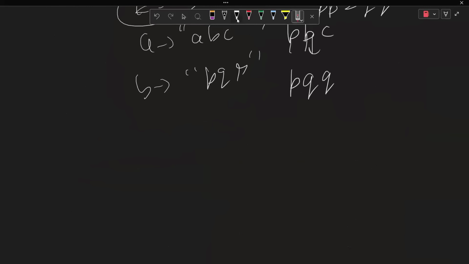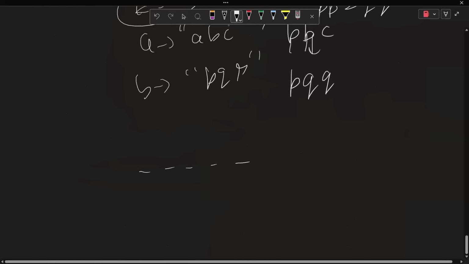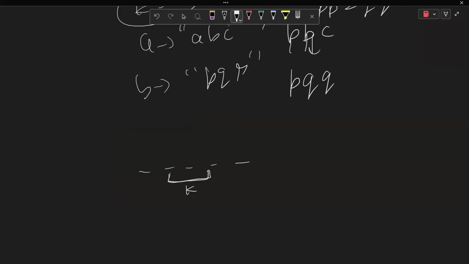In your final string, there would be at least one character that occurs k times consecutively. There would be some substring of size k with the same characters, which would be the last operation that you perform.